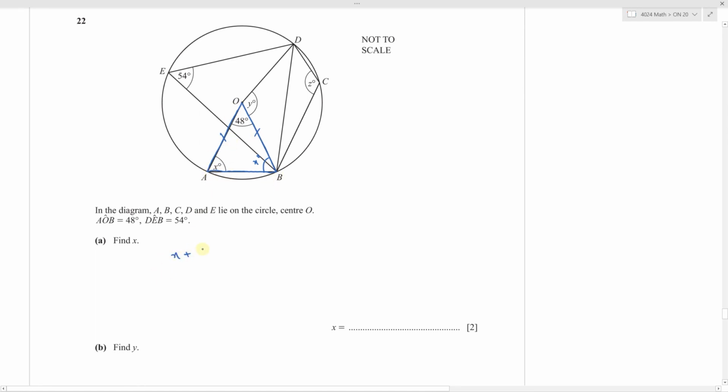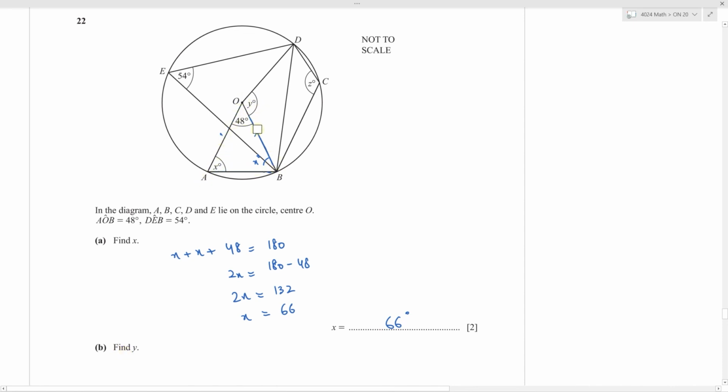So x plus x plus 48 should equal 180. 2x will be 180 minus 48, which is 132. And then x will be 132 divided by 2, which is 66. So x here is 66 degrees. Part B is find y.